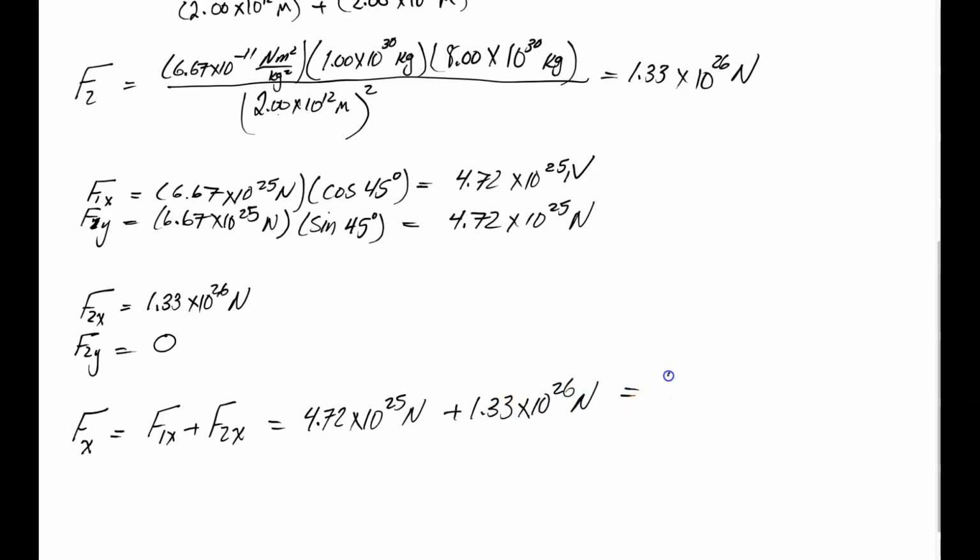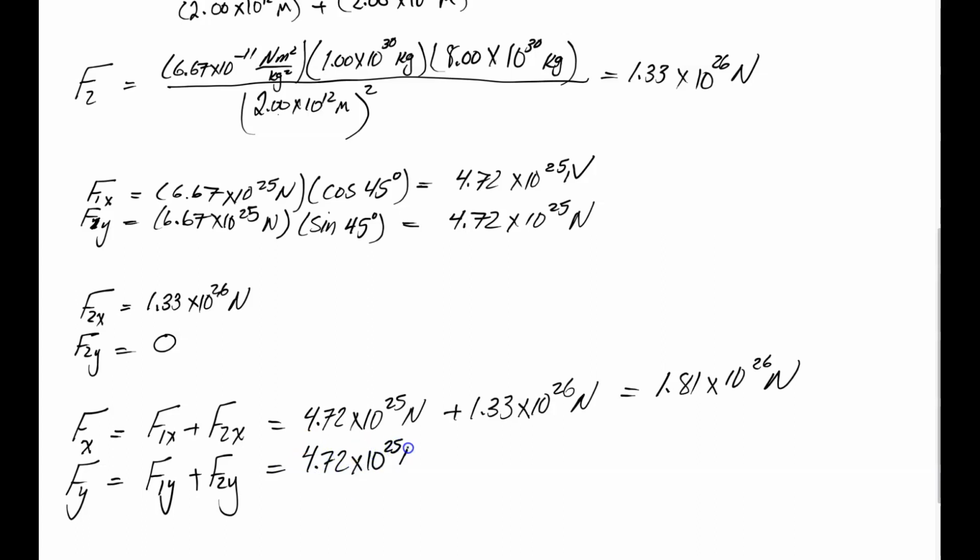That gives us 1.81 times 10 to the 26th Newtons. And F sub y is going to be F1y plus F2y, which is going to be 4.72 times 10 to the 25th newtons plus 0 newtons, which is 4.72 times 10 to the 25th newtons.